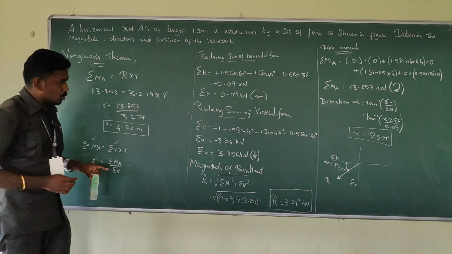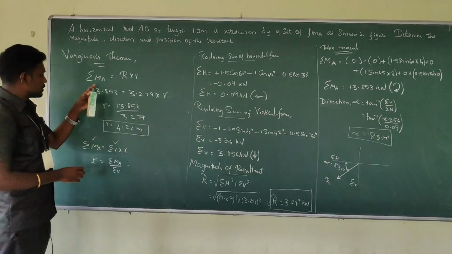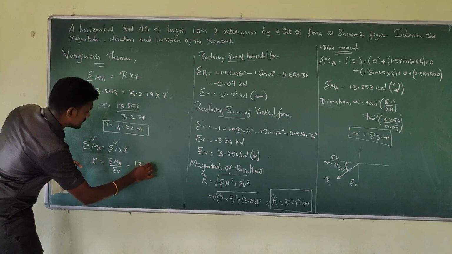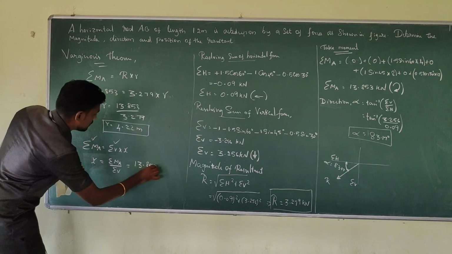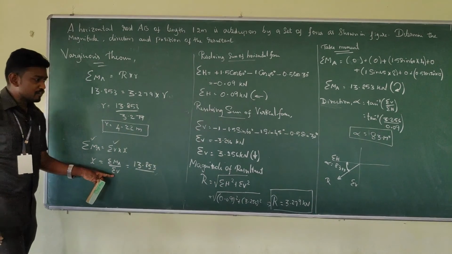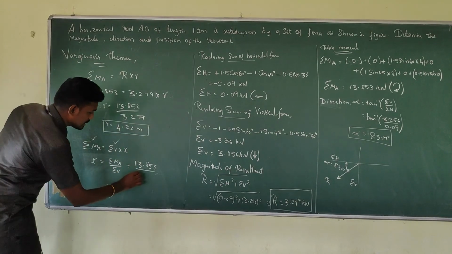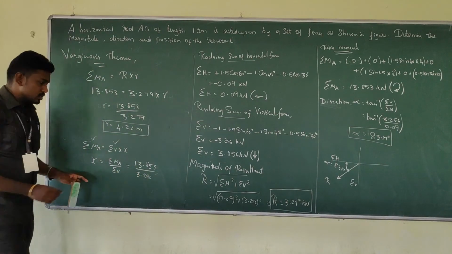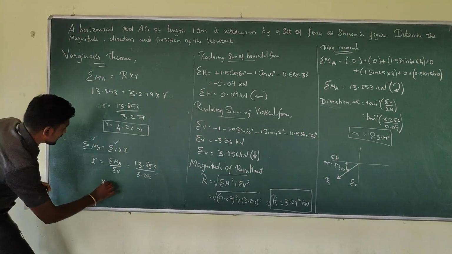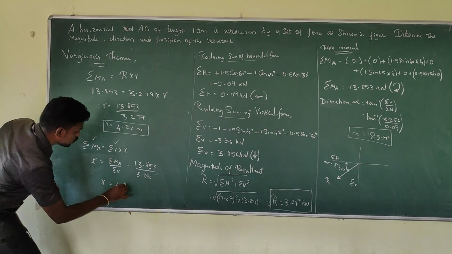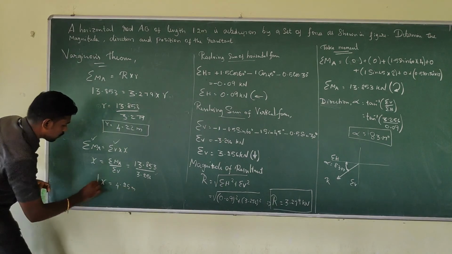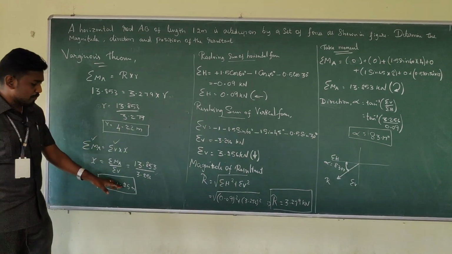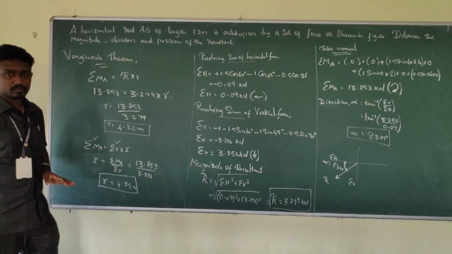Sum of moment about A, which we already found, is 13.853, divided by sum of vertical force, which is 3.256. Just simplify it, you will get 4.25 meter. So its distance is 4.25 meter.